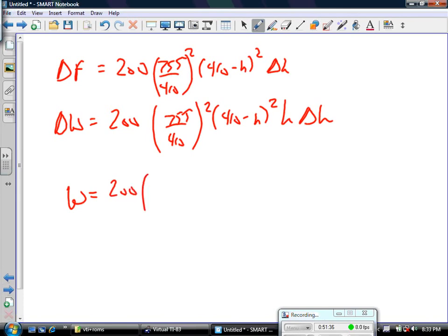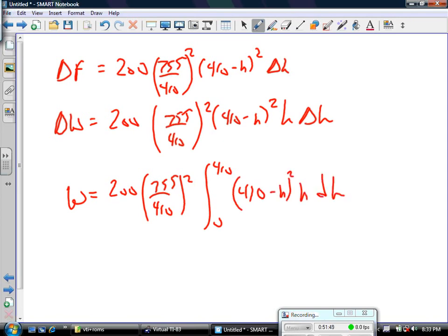So I'm going to take the constants out. They can go anywhere, inside or outside. I'll just put them out. Times the integral from 0 to 410 of 410 minus h quantity squared times h dh. There's the integral I want to do. How do you do it? How do you anti-differentiate the 410 minus h squared, h dh?